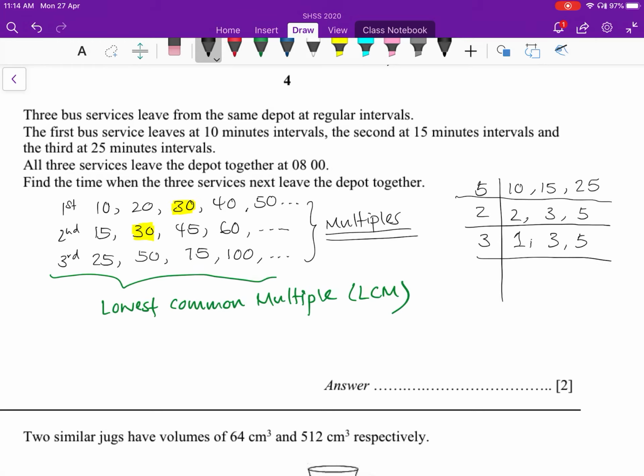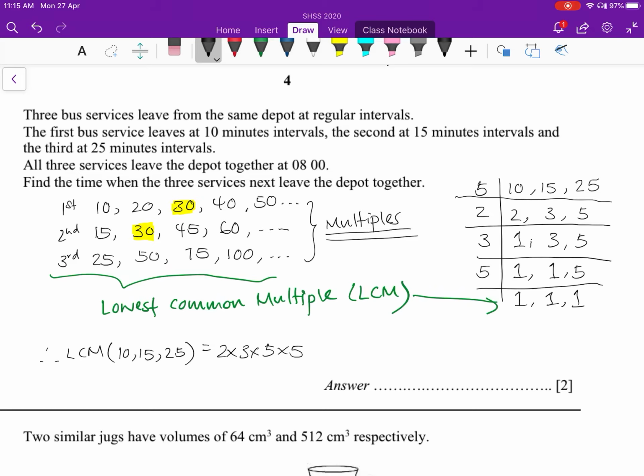Divide by 3, 1, 1, 5. Divide by 5, 1, 1, 1. For LCM, I must do until I get 1, 1, 1. Alright? So therefore, my LCM of 10, 15, 25 is equal to 2 times 3 times 5 times 5.